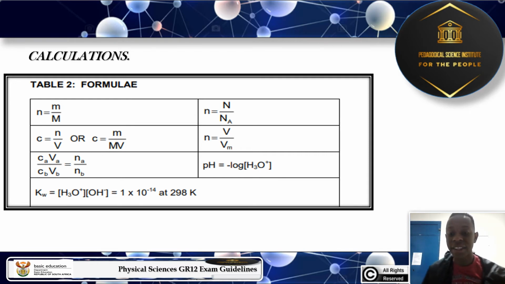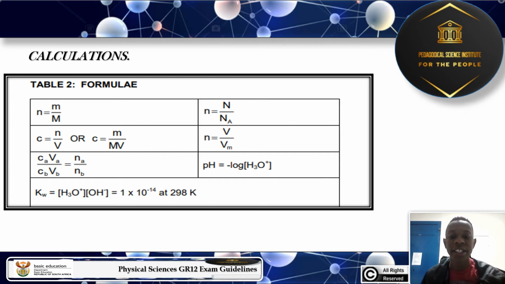So whenever they say calculate the pH of sulfuric acid, you need to know that that sulfuric acid is the same as hydronium, because acids donate, and they donate what? The hydronium. So when they say calculate the concentration of hydrochloric acid, we are going to replace that hydrochloric acid with what? With the hydronium.